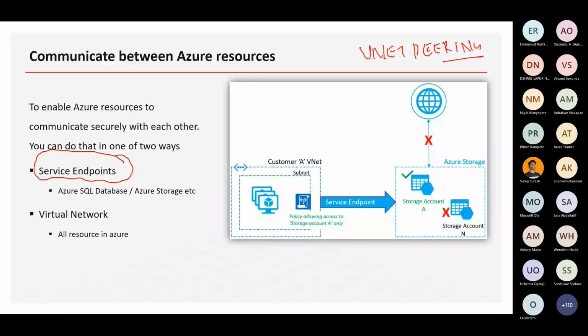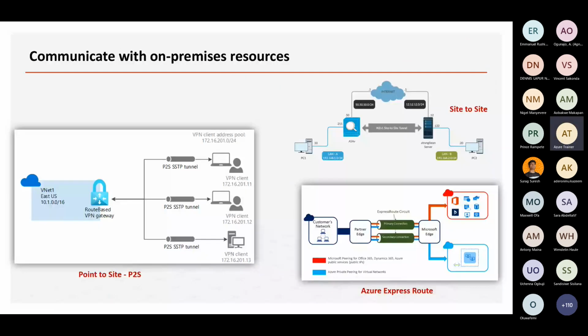Now, when it comes to connecting to an on-premises solution, I was giving a scenario where the customer may not be willing to upgrade all the resources. That upgrade is generally known as lift and shift. Now I'm just giving a scenario where you are at a customer place and the customer is not ready for a lift and shift.